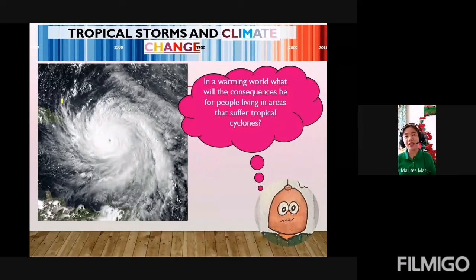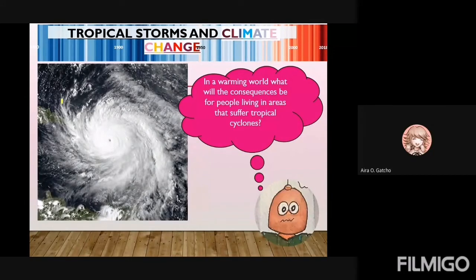Ano kayang pwede nating gawin bilang paghahanda? Yes, Denise. Ma'am, evacuate po. Yan, pag sinabi ng otoridad, yung lugar na ito ay hindi maganda, pwede na tayo mag-evacuate. Yan, sumunod tayo. Right? Yes, Ira.